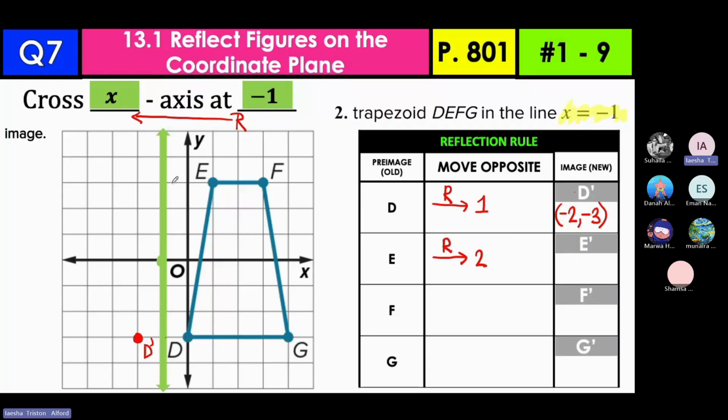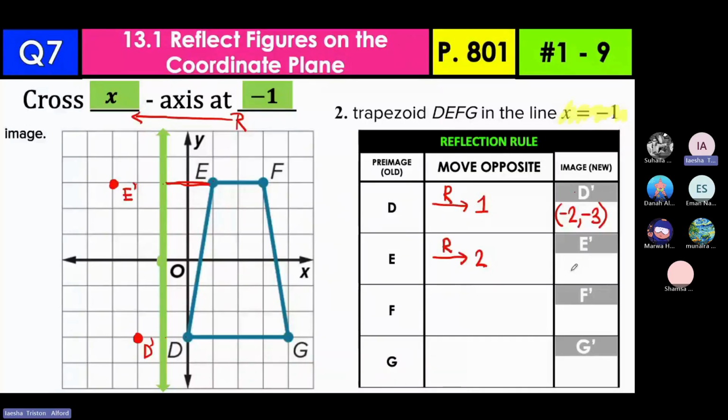Oh, sorry. So we need 2, right? So this one is 2 to the right. So to get to E prime, we need to go where? 2 to the left. So 2 to the left from the green line. So 1, 2 to the left. We call this point E prime.